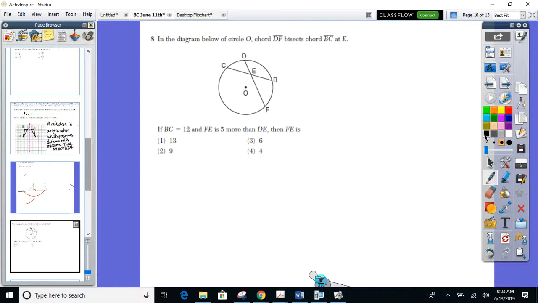You have 2 chords that intersect. One bisects the other. Okay. BC is 12, and it's getting bisected.